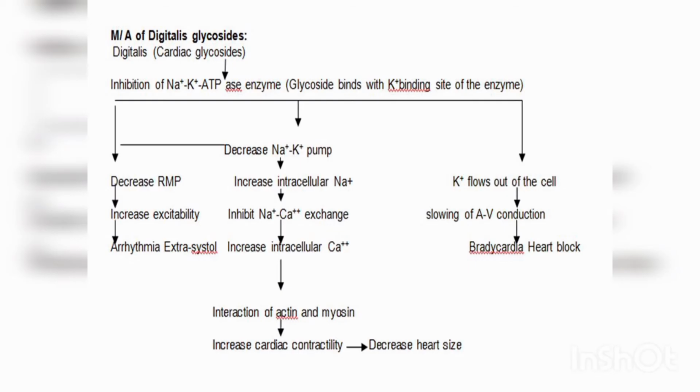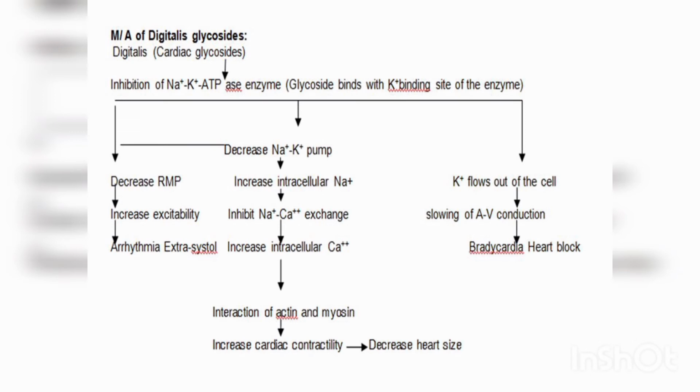Now, this is the mechanism of digitalis glycosides. They inhibit the sodium potassium ATPase pump. Glycoside binds with the potassium binding site of the enzyme. So, decrease in resting membrane potential, increase excitability, arrhythmia, extrasystole.